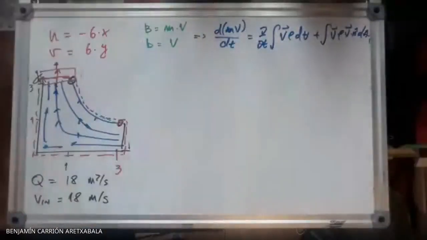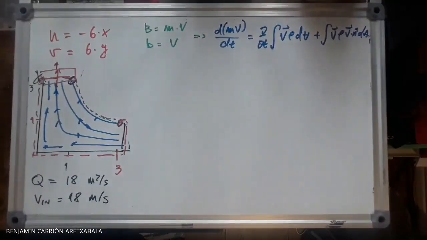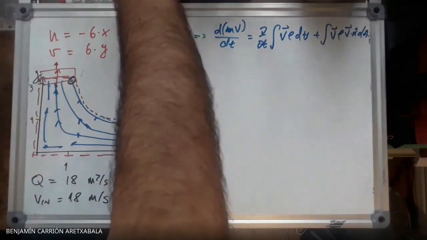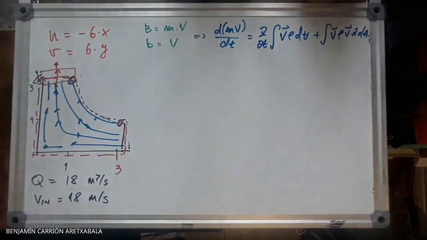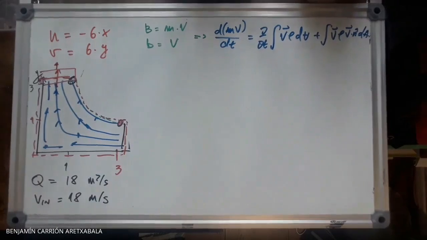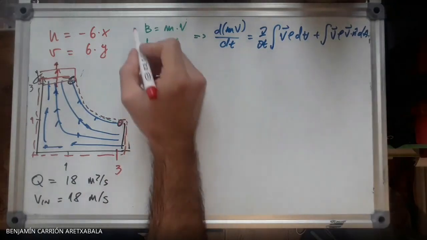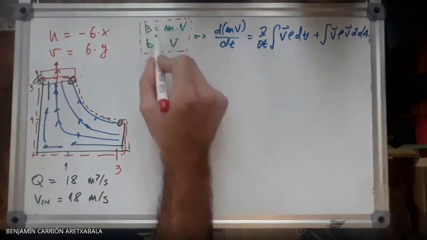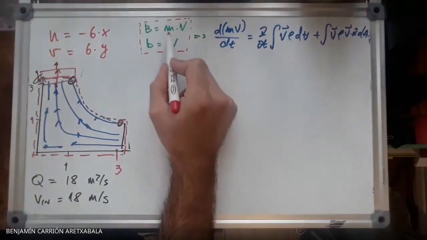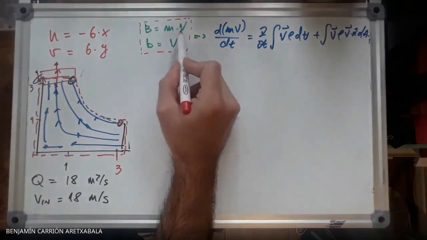Okay, let's move on. Thank you all 15 for being here yet. Let's now see transfer of momentum. We talked about conservation of mass just now. Now let's talk about conservation of momentum. If we're talking about momentum, then the property we're interested in is mass times velocity, right?